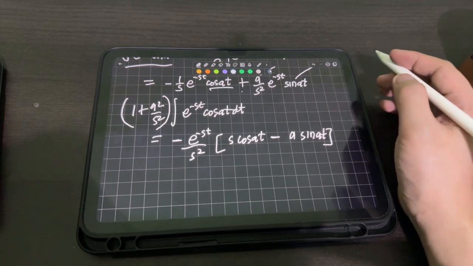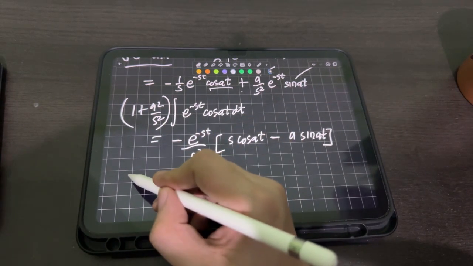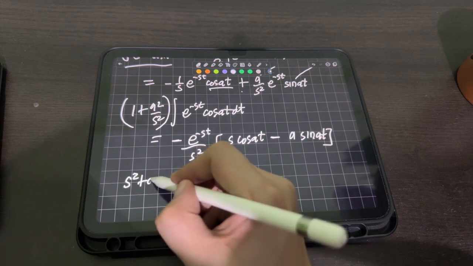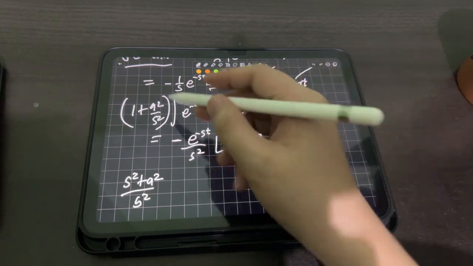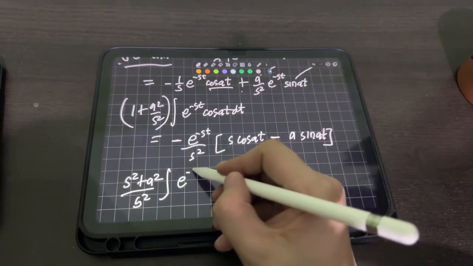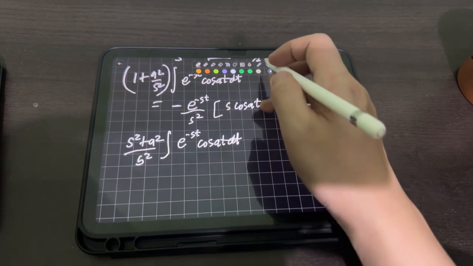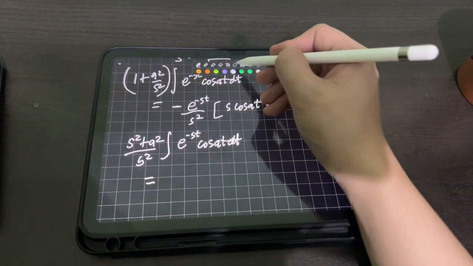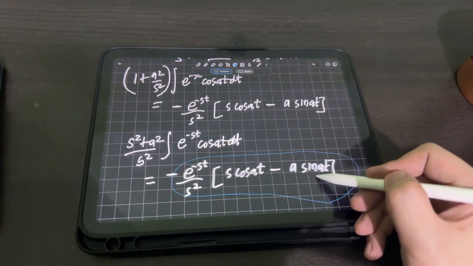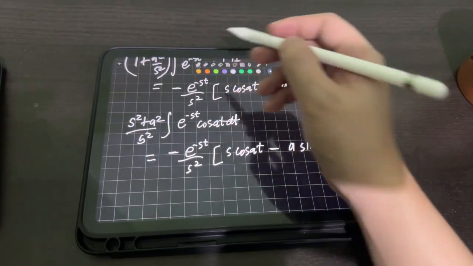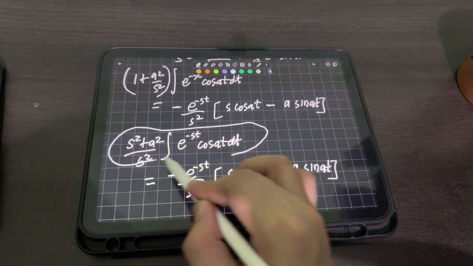Okay. So if we combine 1 plus a squared over s squared, that's s squared plus a squared over s squared, right? Then times the integral of e to the negative st cosine at dt equal, okay, let's just copy this expression on the right side. Okay. But we don't want this whole expression, right?